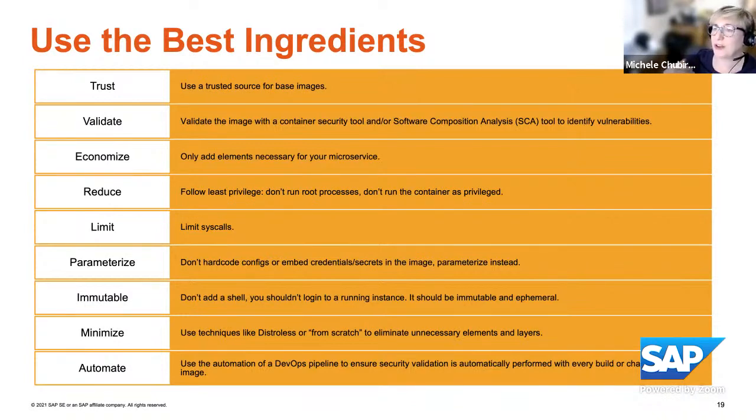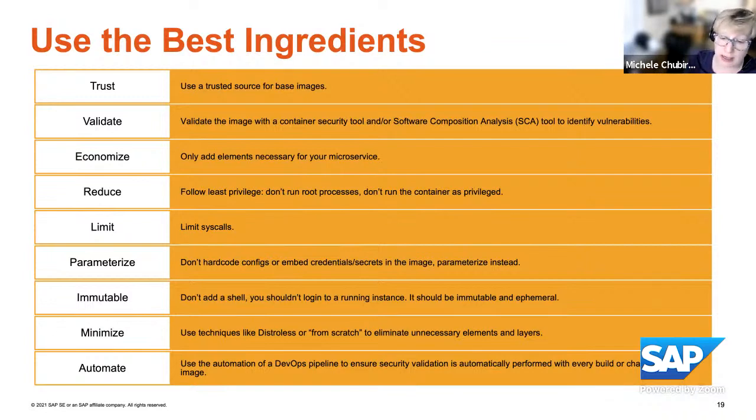In fact, as a security person, when I'm doing a capture the flag or something, if I see something running as privileged, it's like, yay, I win. So don't do that. You want to limit syscalls if you can. I recognize that this can be challenging, but it's a lot of bang for the buck. You want to parameterize. Don't hard code configs or embed credentials or secrets in the image. You don't want to have a shell in your container. It's all about immutability.